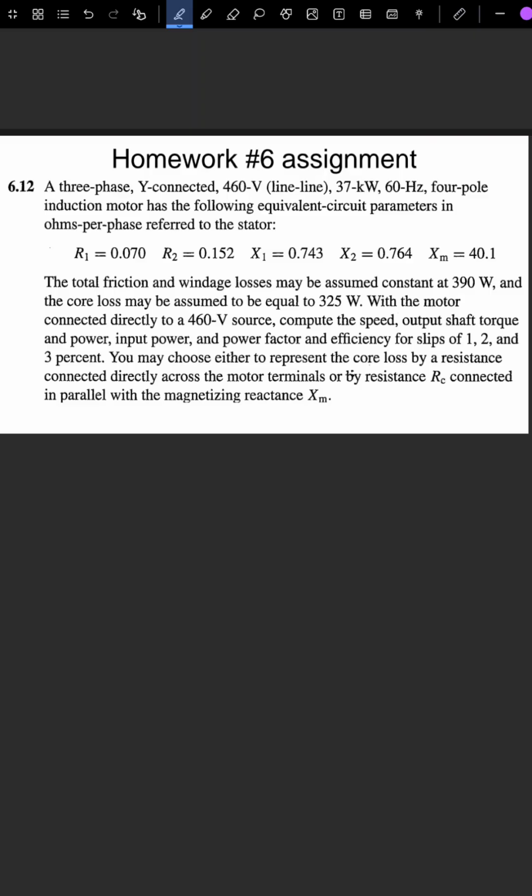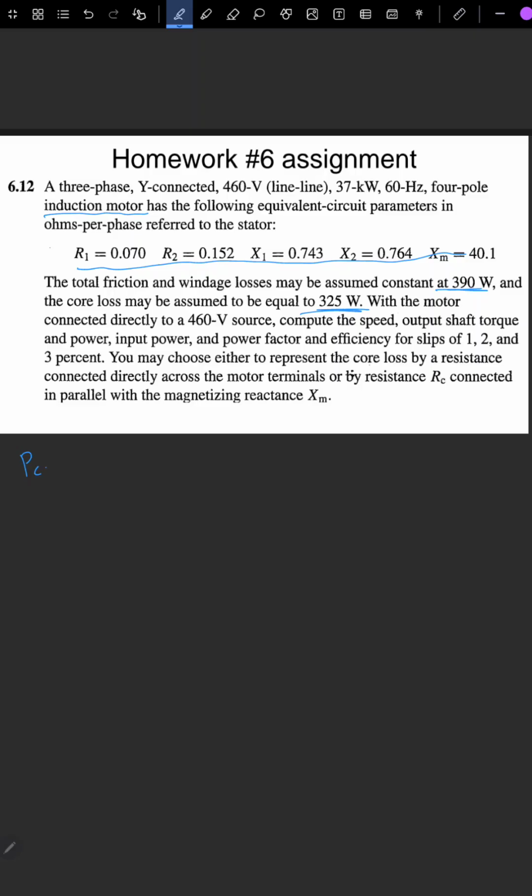3-phase, Y-connected, 460 volt, line to line, 60 hertz, 4-pole, induction motor again, has all of these. The total friction and windage losses could be 390, and the core power loss may be assumed to be equal to 325.